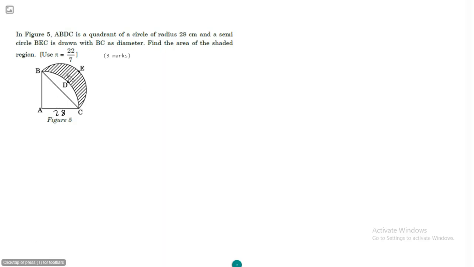You can find the area of semicircle BEC and subtract area of the segment. Which segment? This shaded segment, right? So that's a segment. So if you find the area of this semicircle BEC and subtract the area of this segment, you will get the required area.